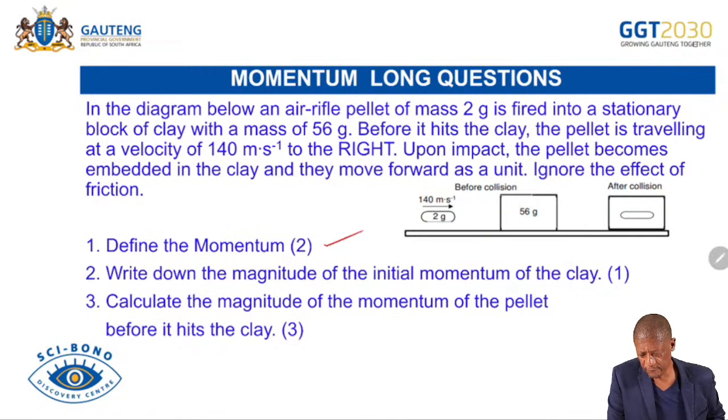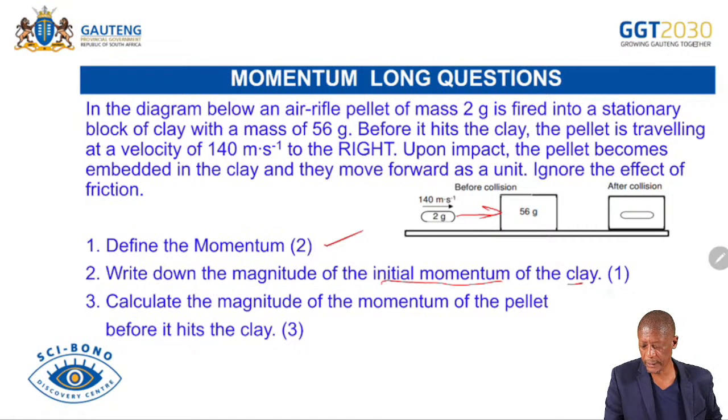When the bullet travels there, it's going to penetrate the block, and then they move off together. Now, what is the initial momentum of the block? The initial momentum is going to be 0 because there's no movement. That's why it's 1 mark.